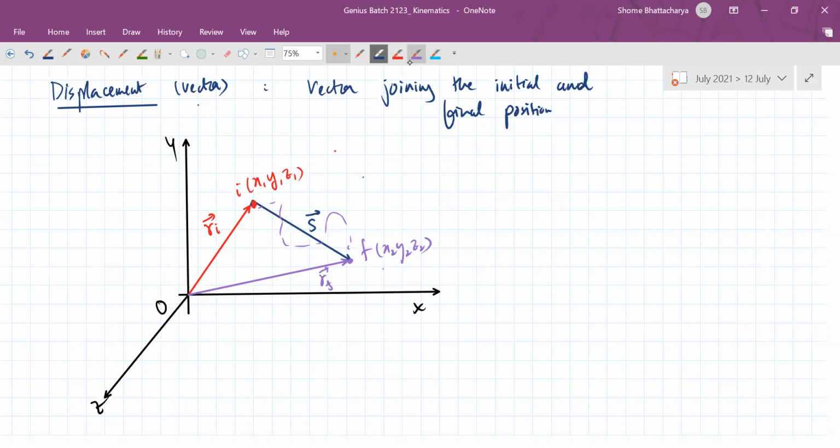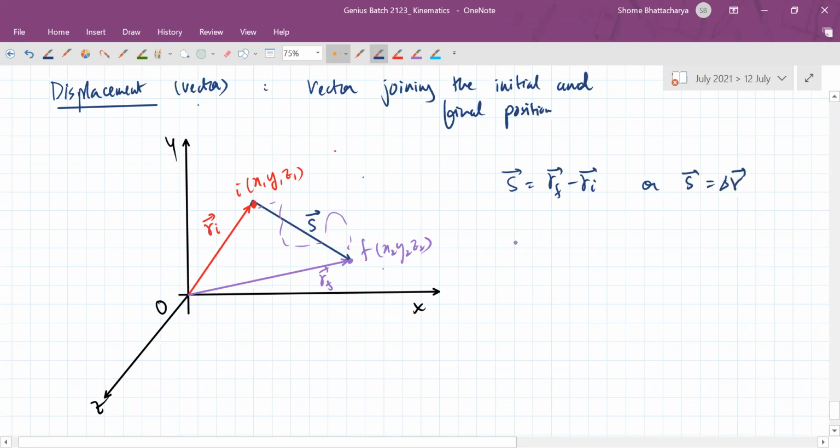So the maths definition or the formula for displacement becomes the final position minus the initial position, or we can just say that displacement is delta R. So in words, we can also say that displacement equals the change in position R. As a vector definition, this is what it is.